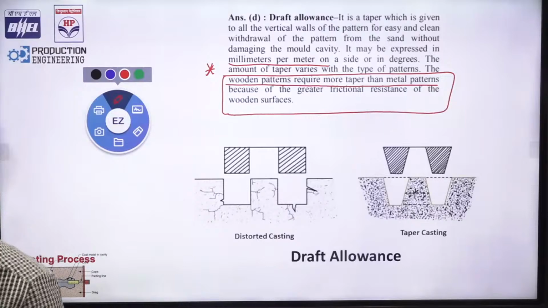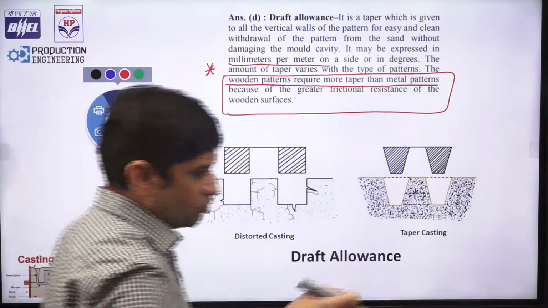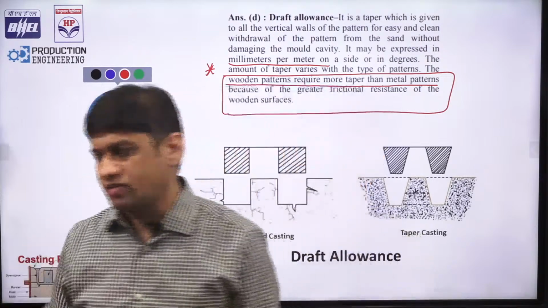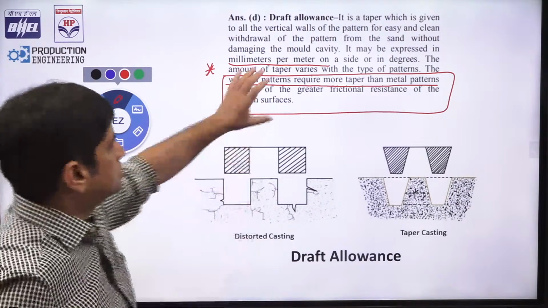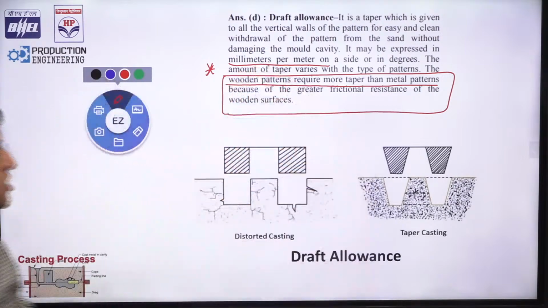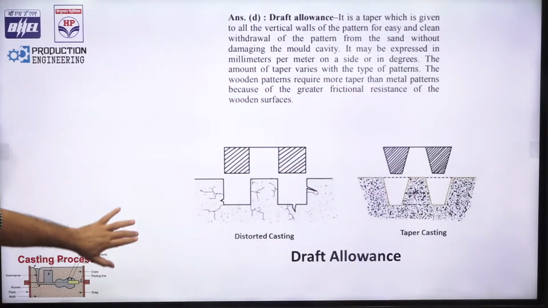If the pattern is made of wood, then you need more taper on it because there is greater frictional resistance on the wooden surface, so when you want to take it out, the taper required is more. This is very, very important information. Note it down, because questions can be asked directly in the exam from this kind of information. And yes, it is measured in millimeter per meter.